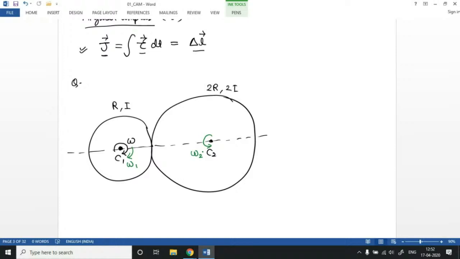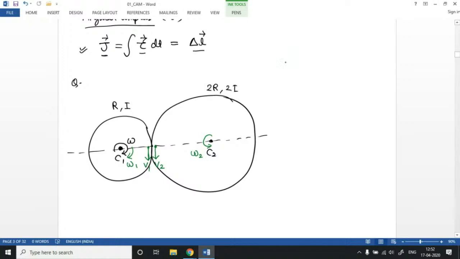After a very long time, there would be no relative motion between these two points in contact. So they will be having equal velocities. This point will be having velocity in this direction and this point will be having velocity in this direction. Say this is v1 and this is v2.